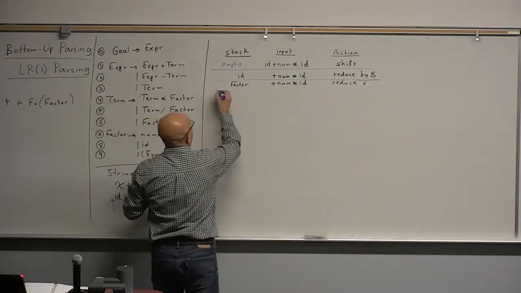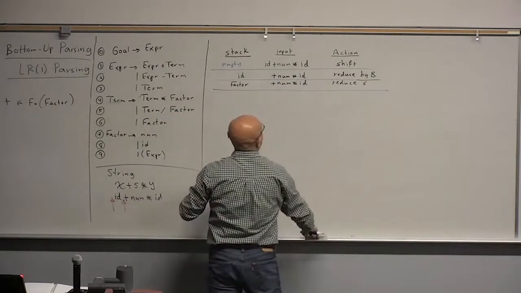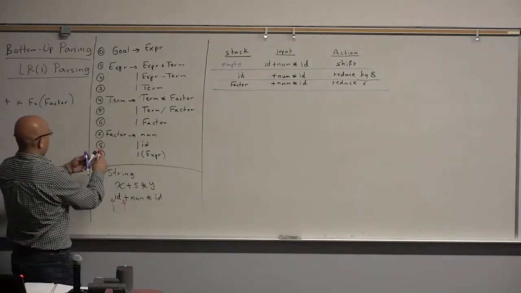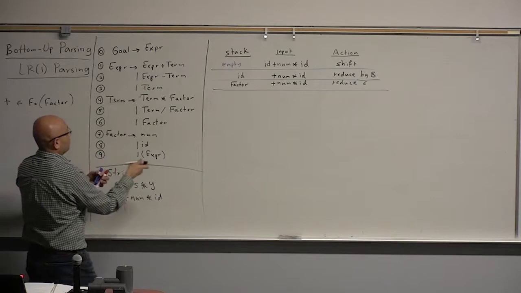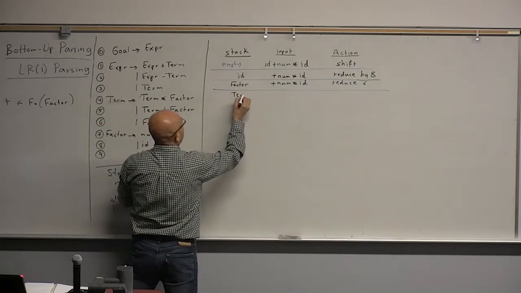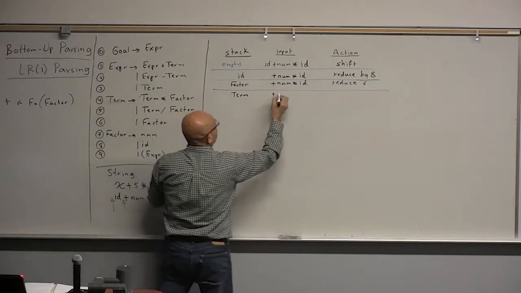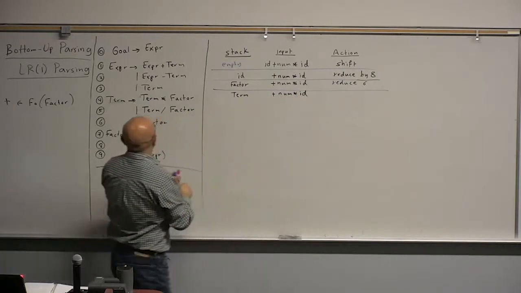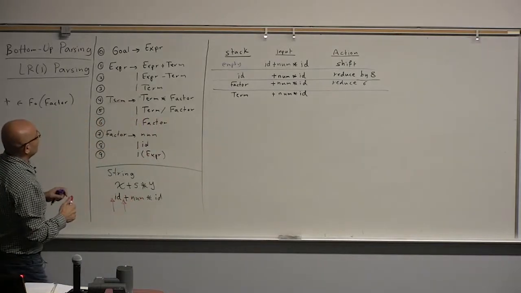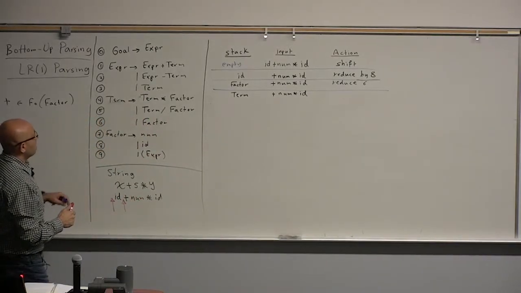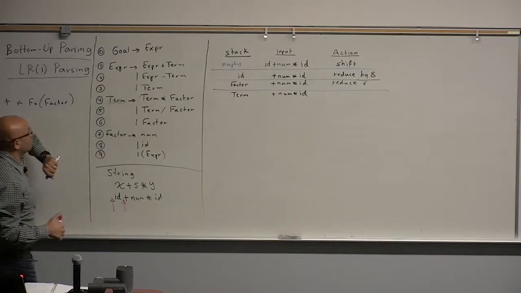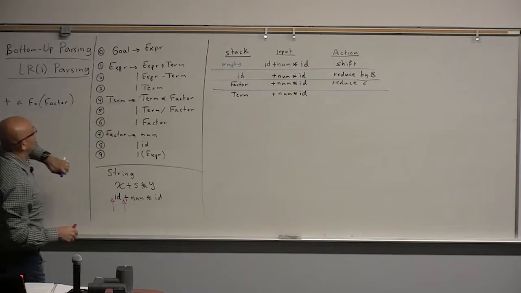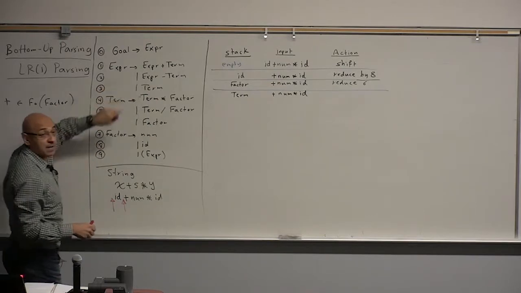Okay. So by making this reduction, the factor becomes what? A term. And I still have plus number times ID. Now, is there a rule that ends with a term? Yeah, so rule 3 ends with a term, and plus is a valid follower of expression, right?